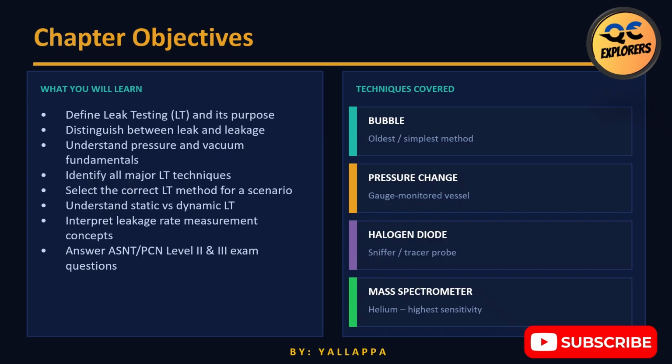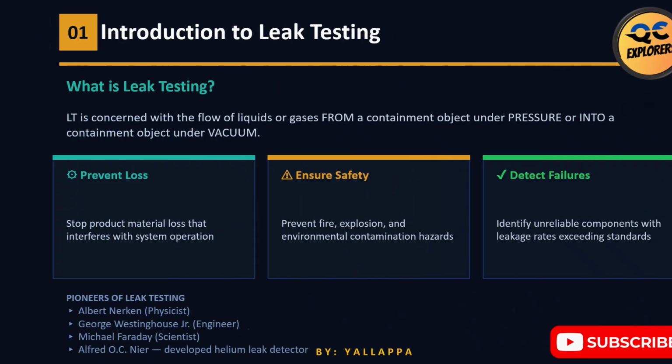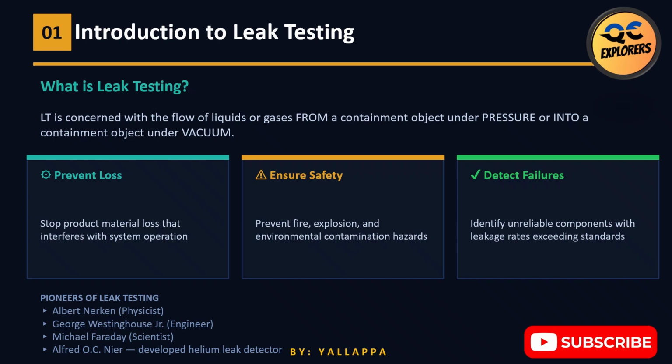This is exactly why technique selection is such an important topic in leak testing. By the end of this chapter, you should be able to make those decisions confidently, and not just for exams, but for real industrial situations. Let's begin with the fundamental definition.